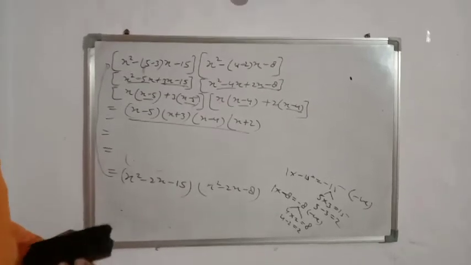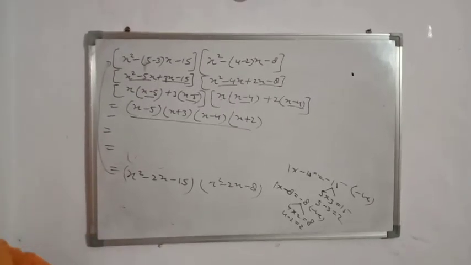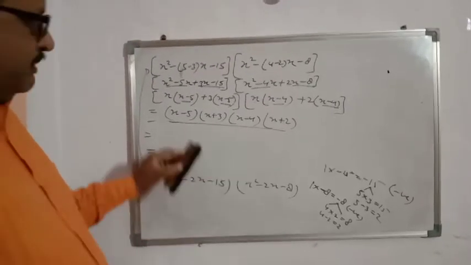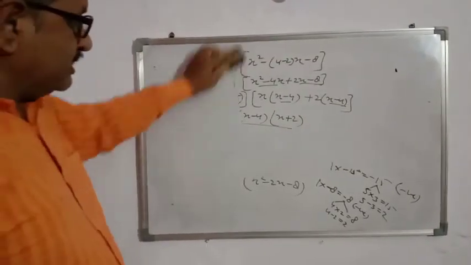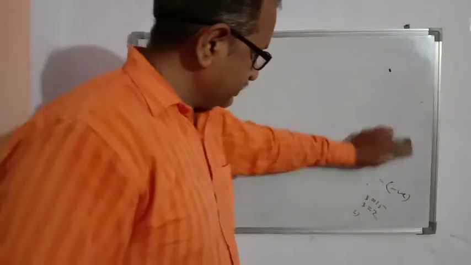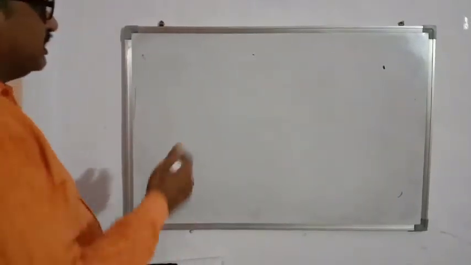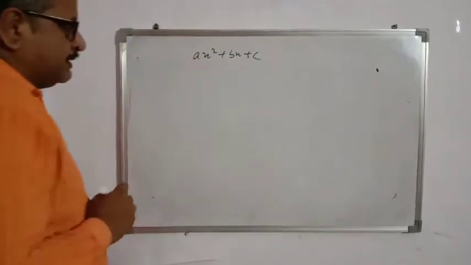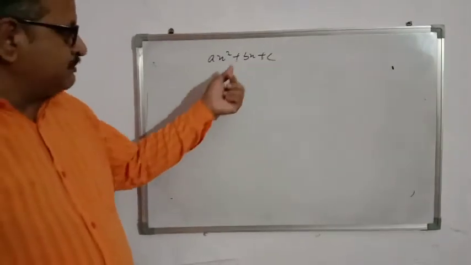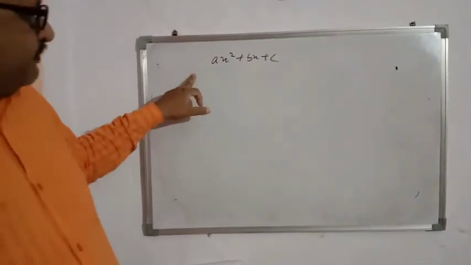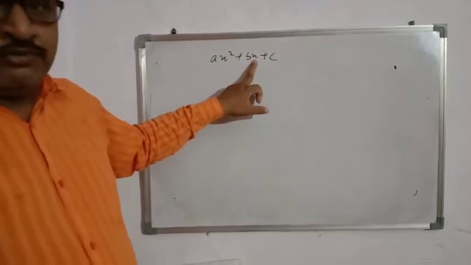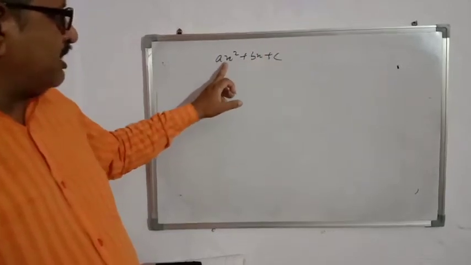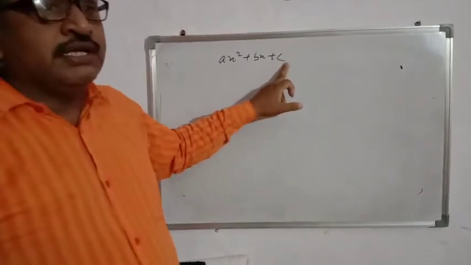One more thing I want to tell you: every trinomial cannot be factorized by this method, which means by splitting the middle term. I have to tell you when we can apply this method to a trinomial. So listen. For ax square plus bx plus c, we can apply the method of splitting the middle term if the power of the literal in the middle term, which is 1 here, is half the power of the literal in the product of the first and last term.